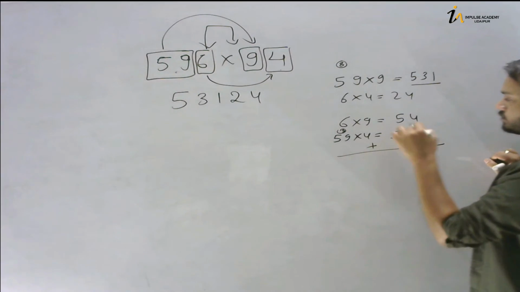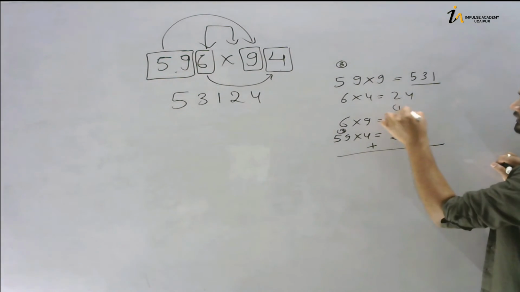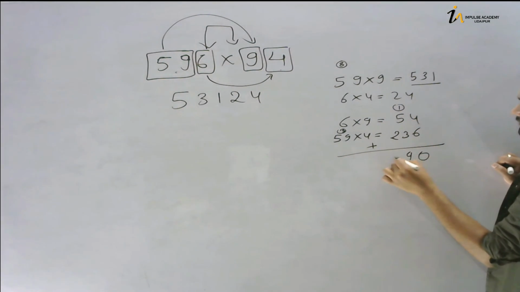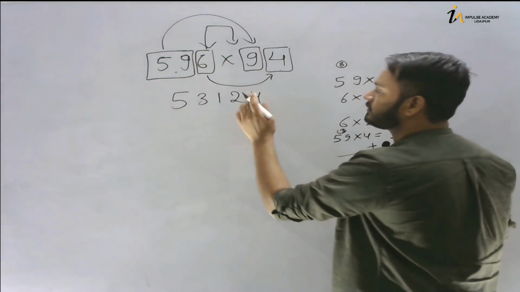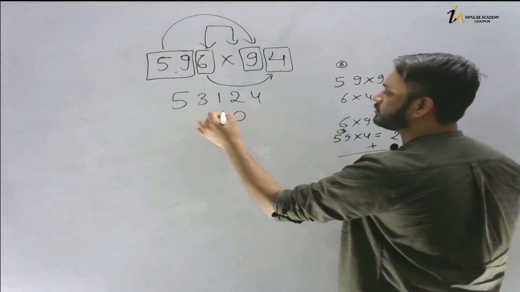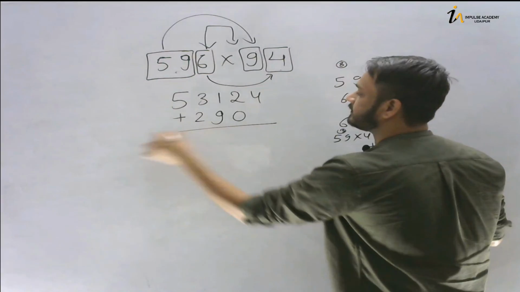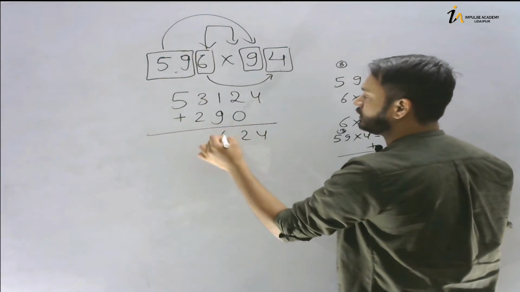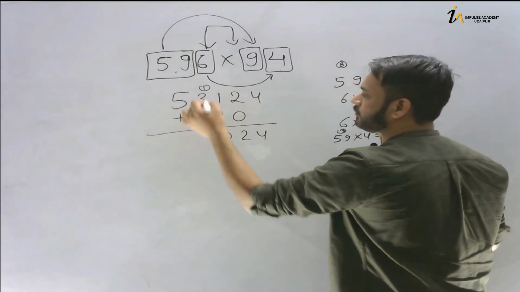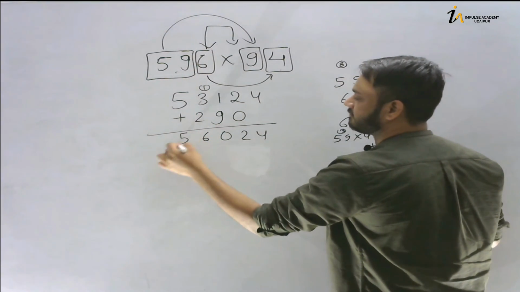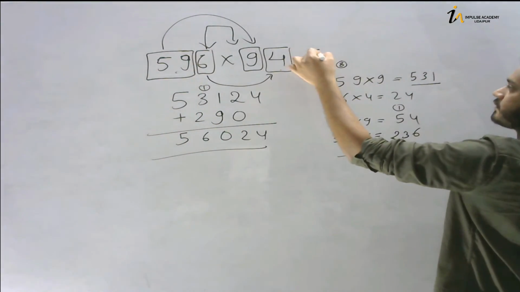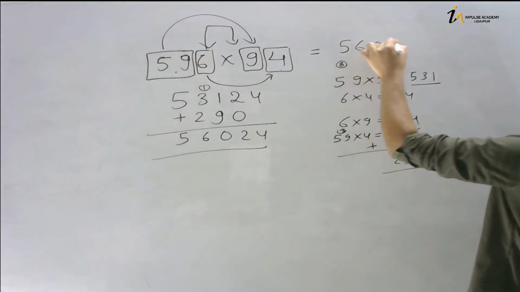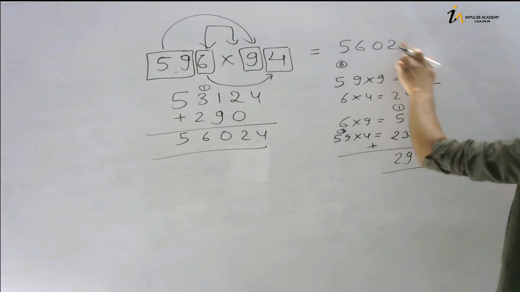Now we need to add these two terms, so it would be 0, 1 carry here, and it would be 9, giving 290. Leaving this unit place, we write 290. Then I add them: 4, 2, 0, 1 carry here, 3, 4, 5, 6, and then 5. So it is 56,024. This is the answer.